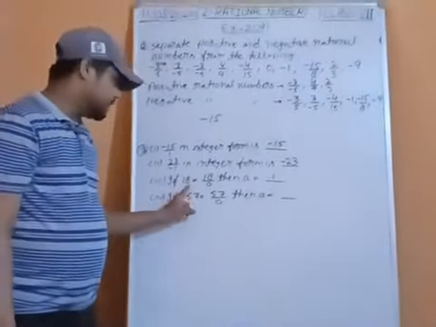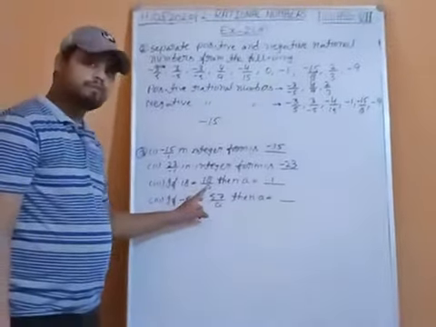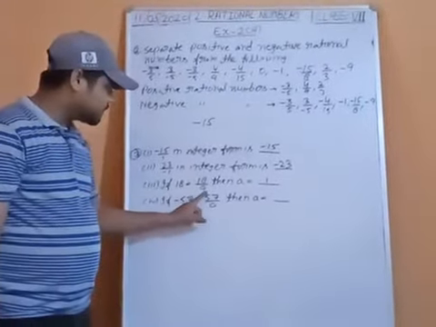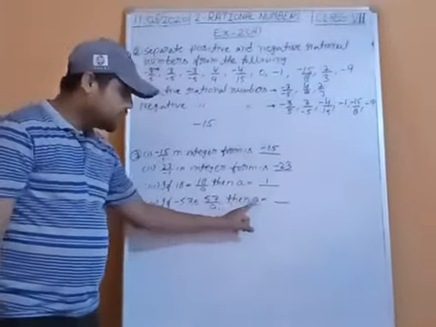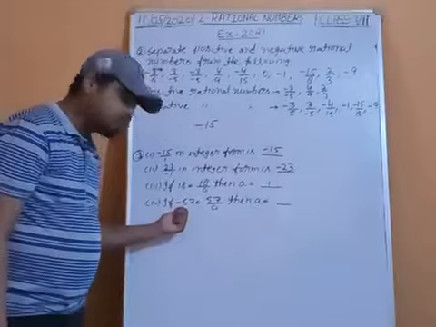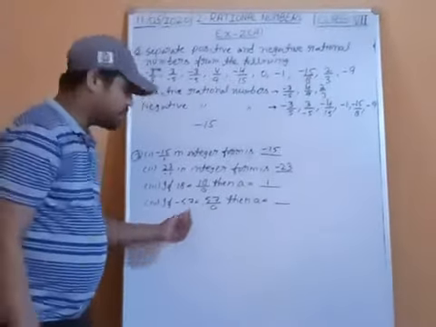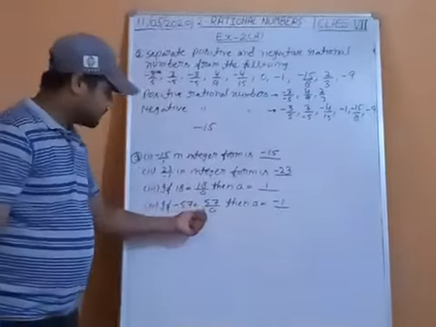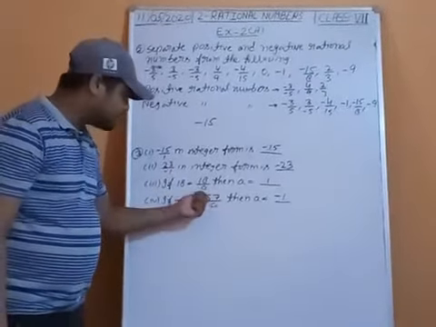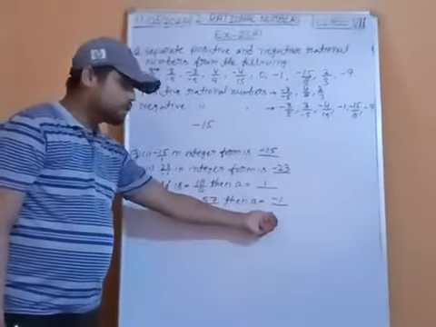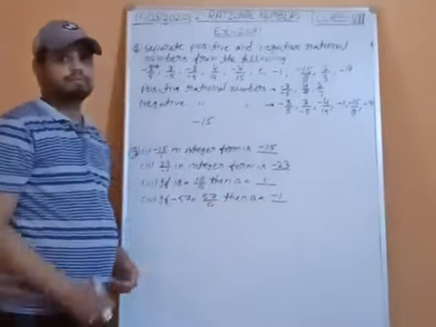Now this one, if minus 57 is equal to 57 upon a, then what value will we put here? It will come minus 57 upon minus 1. Here we will put minus 1. When we put minus 1 here, minus plus minus 57. So we will put minus 1.